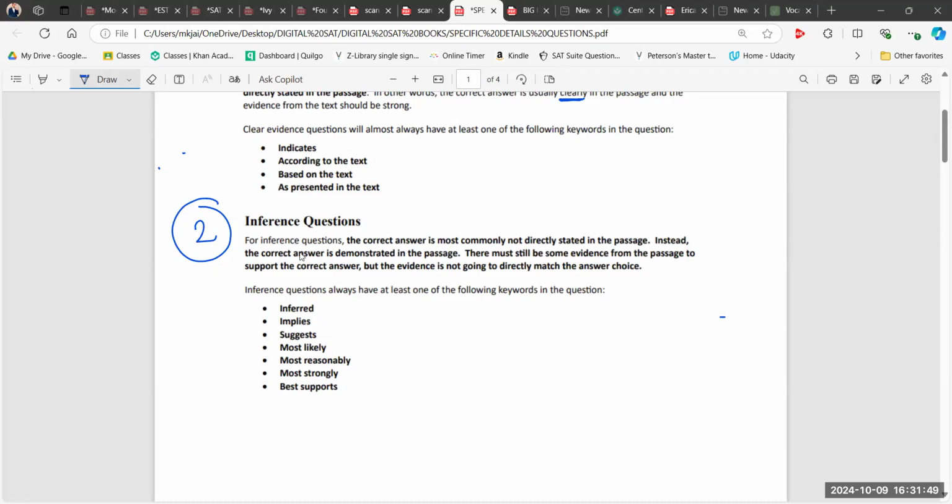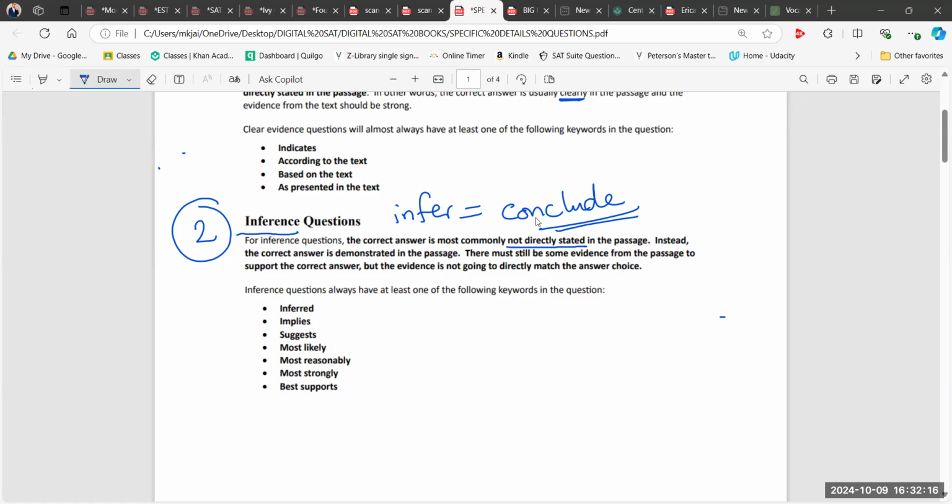Inference questions. When I say inference, when you infer, what does it mean? You conclude something. Is it something clearly stated or not clearly stated? Not clearly stated. Yeah, that's why we say inference. The passage suggests something.